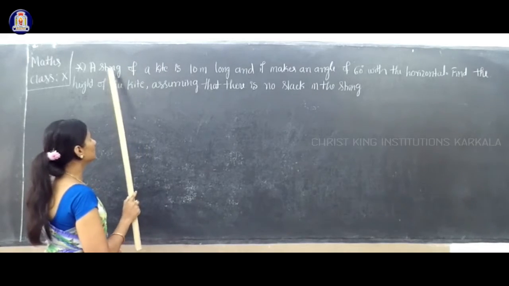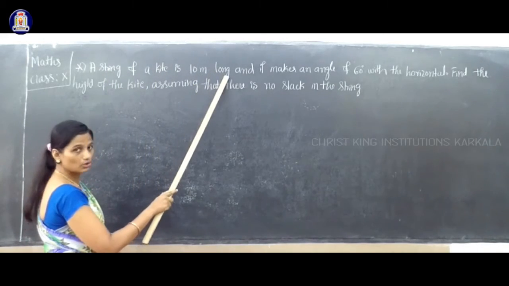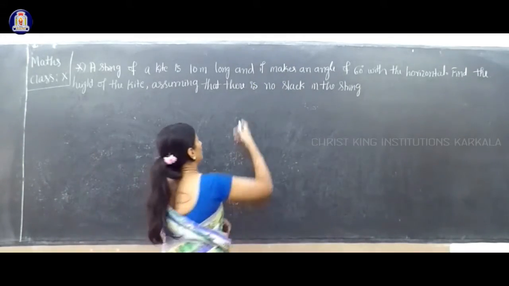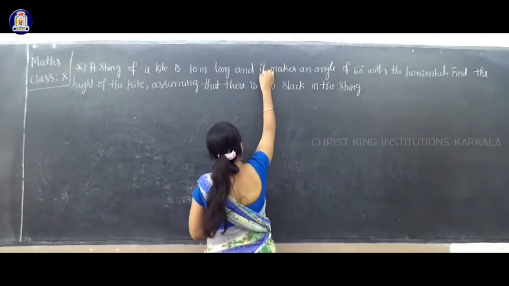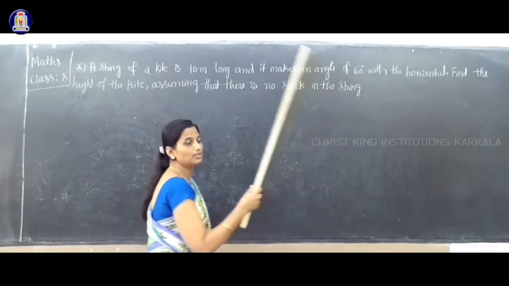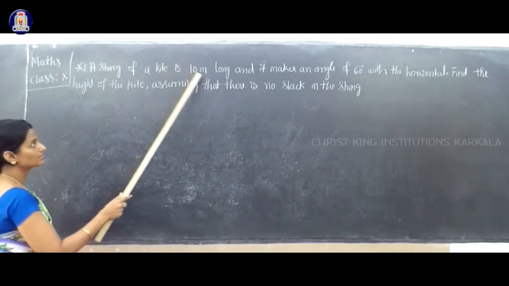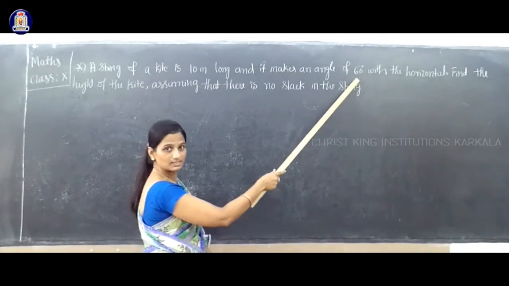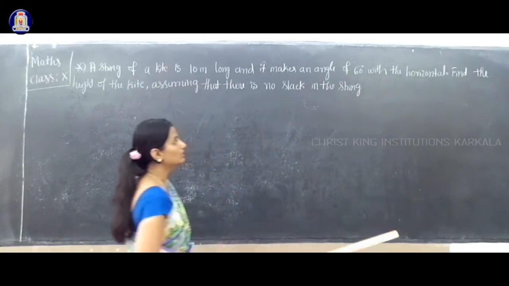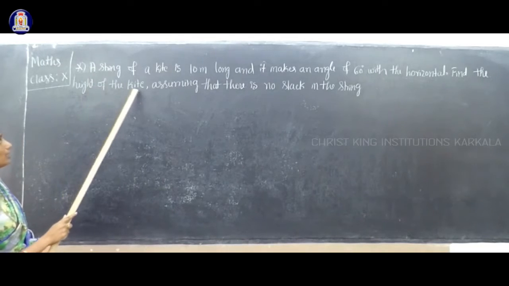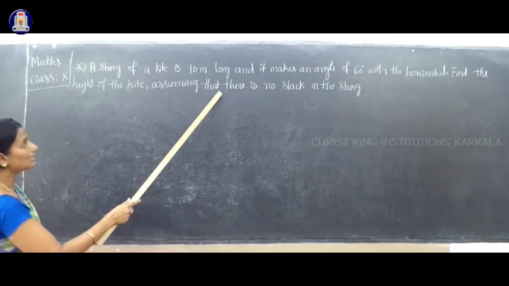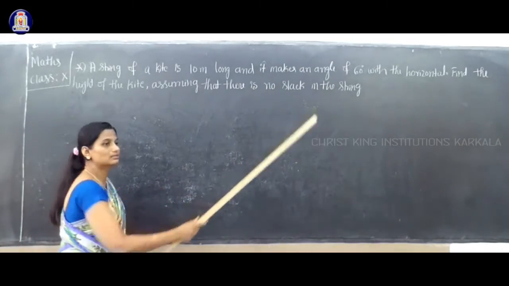The string of a kite is 10 meter long and it makes an angle of 60 degree with the horizontal. Find the height of the kite, assuming that there is no slack in the string.